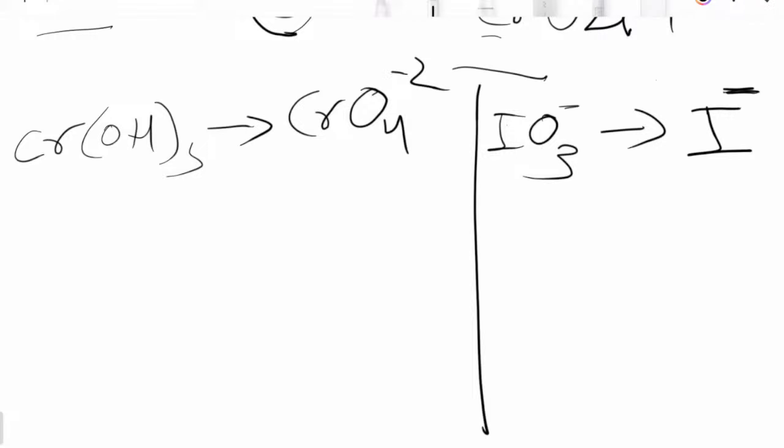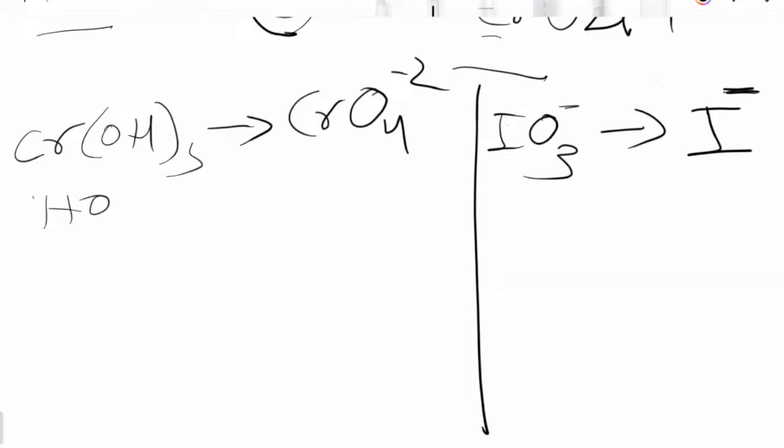So first we need to balance atoms other than H and O. Chromium is balanced, iodine is balanced. Now for one atom of chromium there is a loss of 3 electrons, like the +3, right? And for one iodine there is a gain of 6.